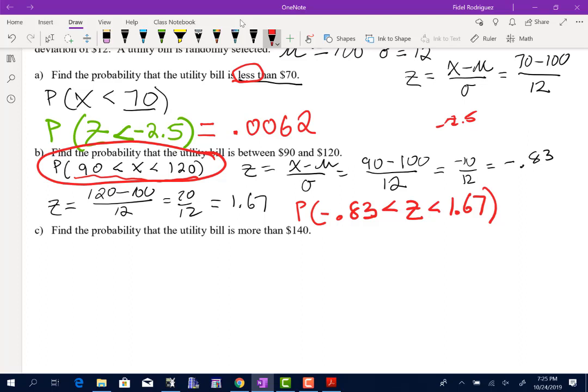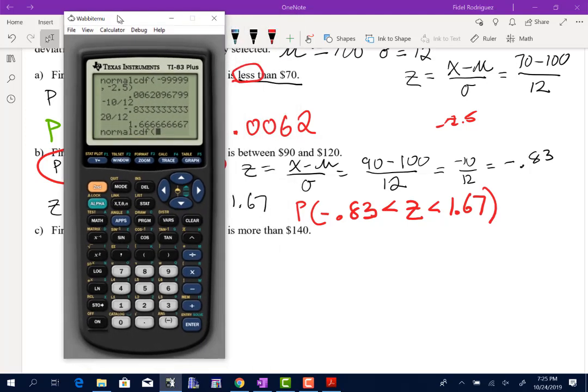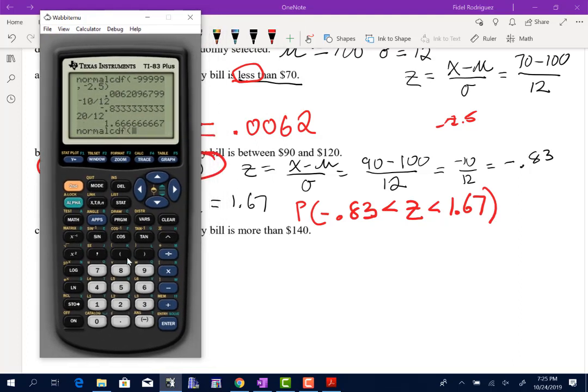So now, guys, if I wanted to use my calculator on this one, I would come back here, grab my calculator, and do second vars, and go to the normal CDF. What's the lower number that we have? I'll give you a hint, we have it written right there. Negative 0.83, comma.